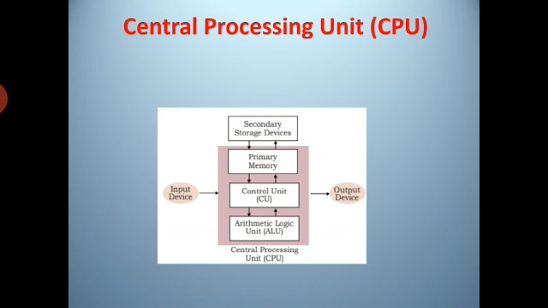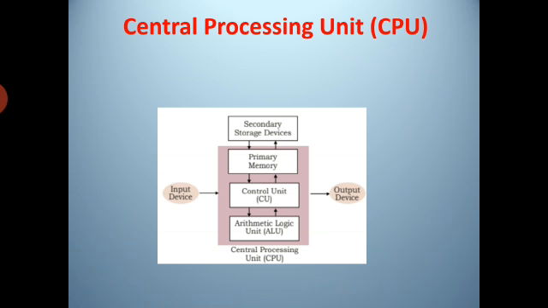Central processing unit. Students, as you all know, it is the electronic circuitry of a computer that carries out the actual processing and is usually referred to as the brain of the computer. It is also popularly known as the microprocessor or processor.